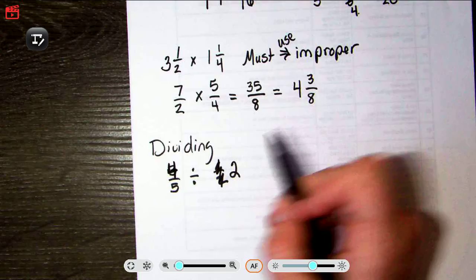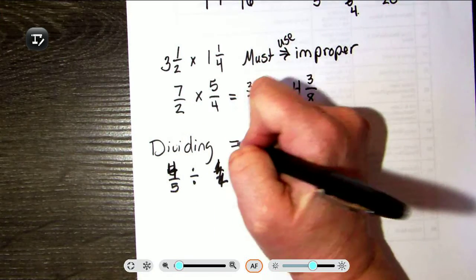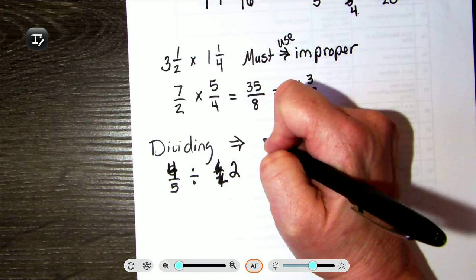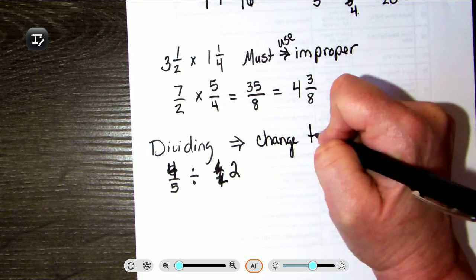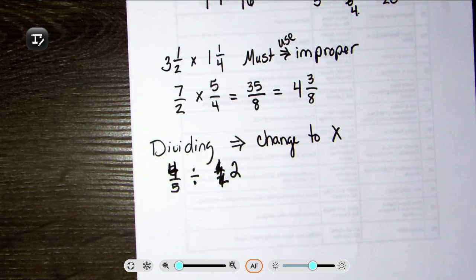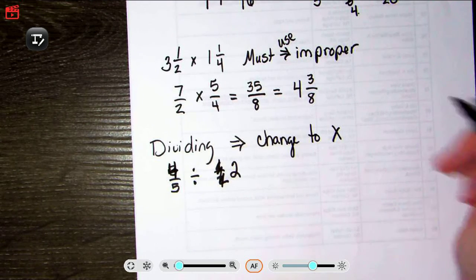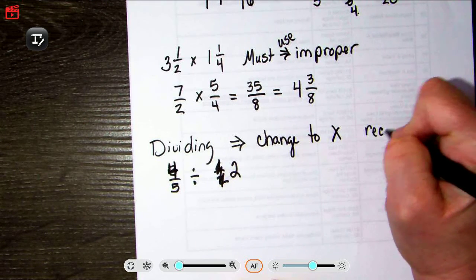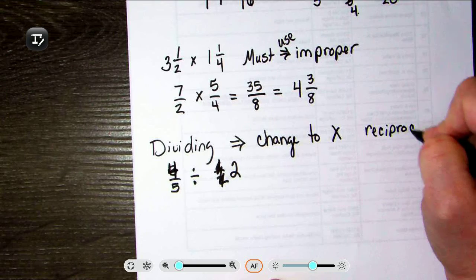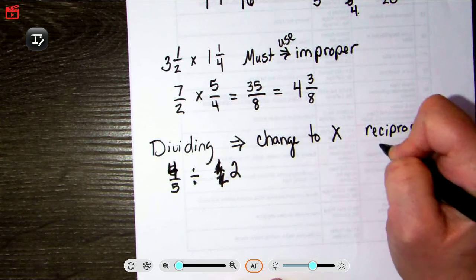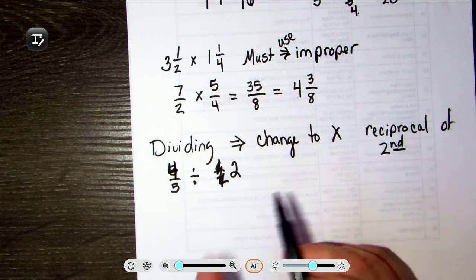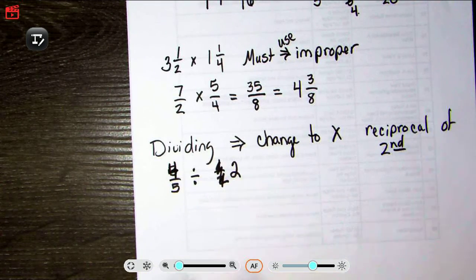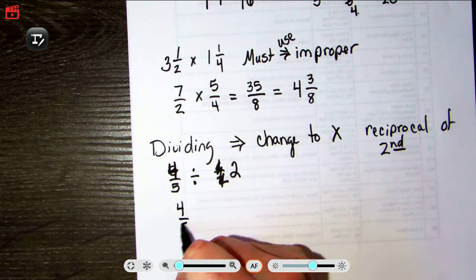To divide, what we are going to do is we actually change it to multiplication by taking the reciprocal of the second. Okay, so that means I'm going to take this 2 and I'm going to flip it.